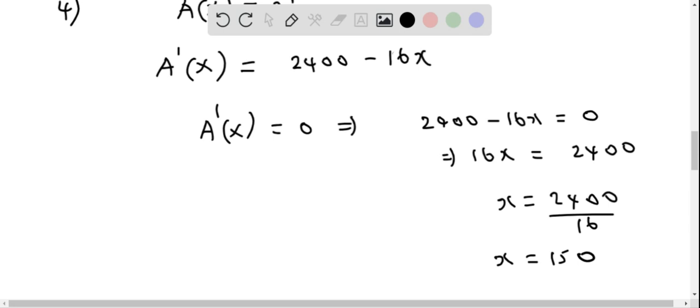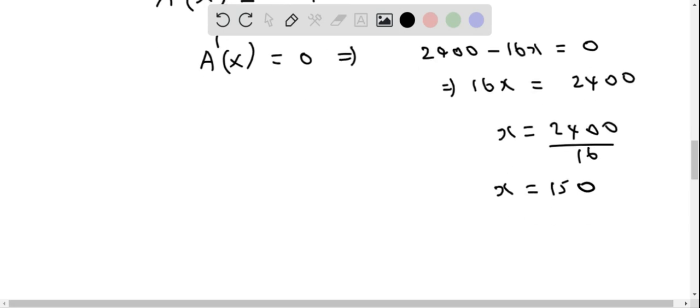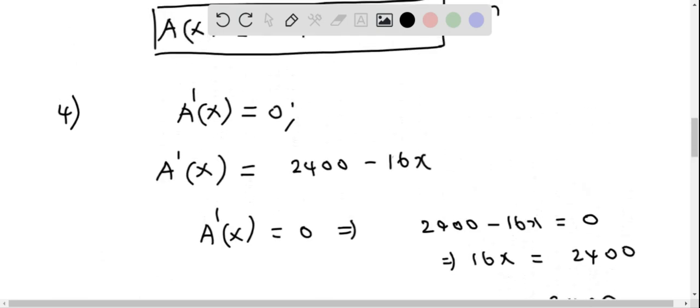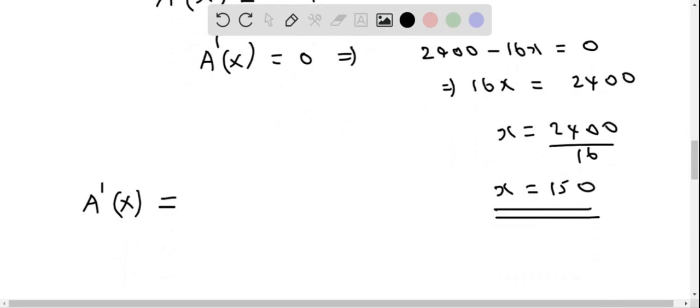We then use the second derivative to identify whether this point gives us the maximum or minimum area. So let me find the second derivative. First let me copy the first derivative of the area function, which is 2400 minus 16x. Now I have to find the second derivative by differentiating both sides. So I'll get 2400 is a constant, so that will become 0, and this is negative 16.